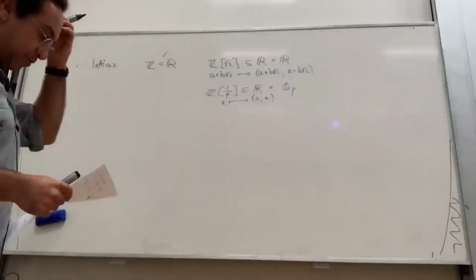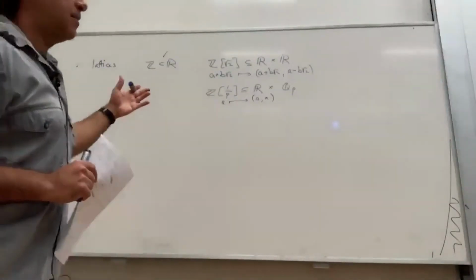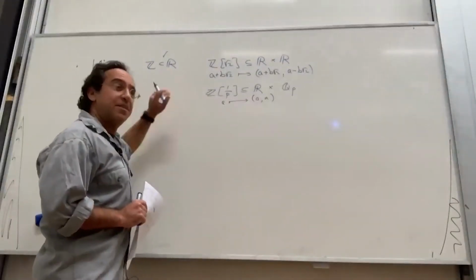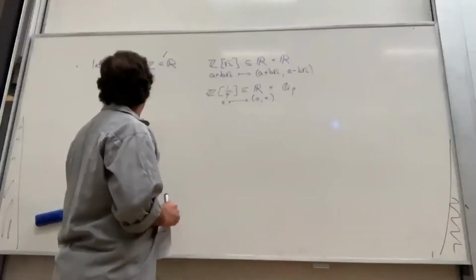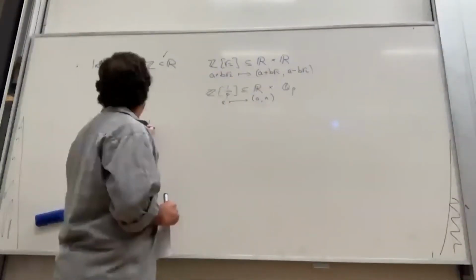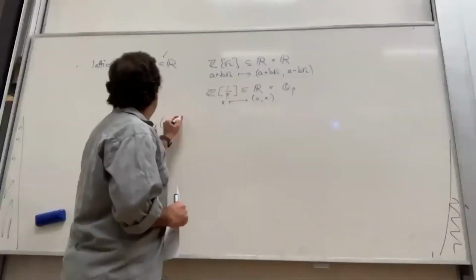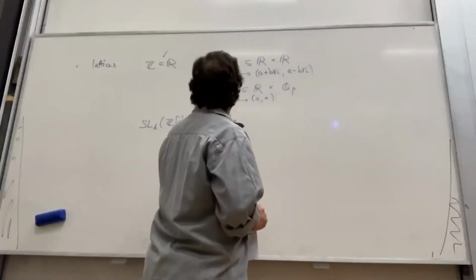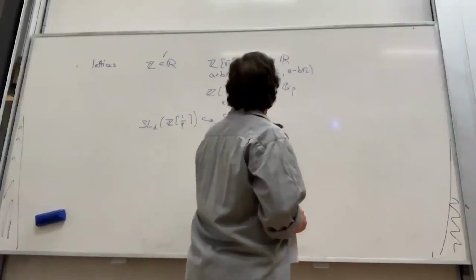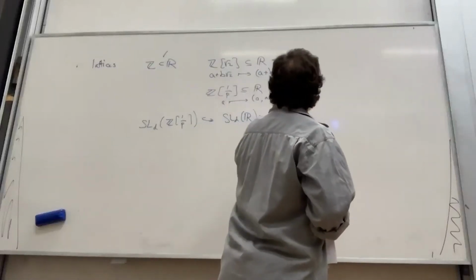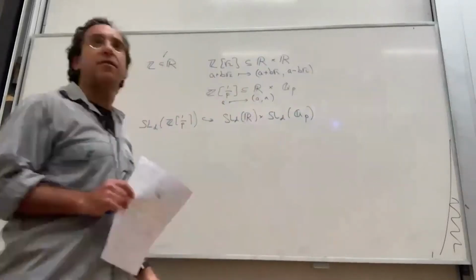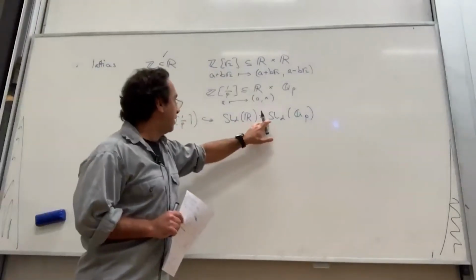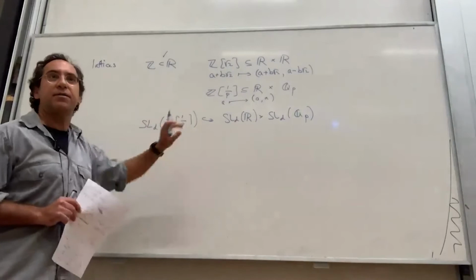These are nice irreducible lattices, except that they are not lying in a semisimple Lie group, but that can be fixed. So SL_d(Z[1/p]) embeds in SL_d(R) times SL_d(Q_p). That's an example from a semisimple group in high rank with an irreducible lattice.